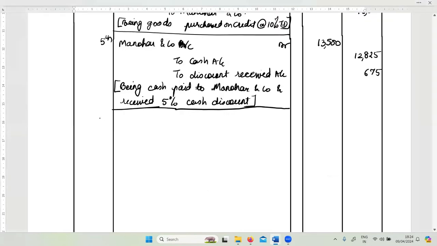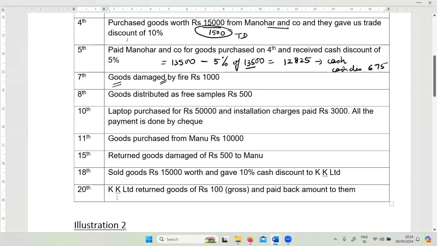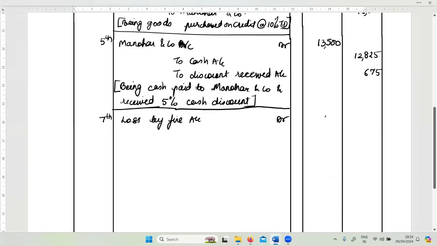So 7th, loss by fire account, debit. Amount that is lost by fire is how much? 1000. So I write here 1000. What is lost in this process? Goods. So goods are going out. We treat them as goods gone out. Goods account 1000.